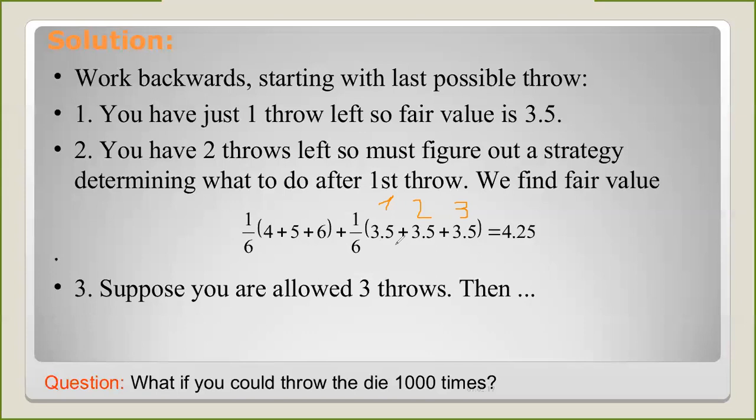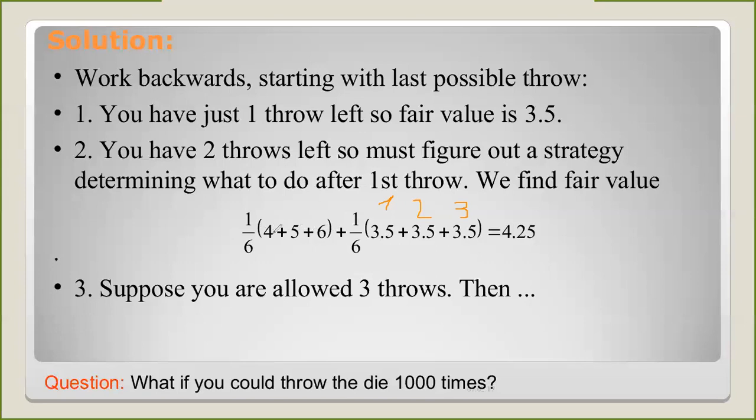But for the situations 4, 5, and 6 with their probabilities, we do not wait. So it is only this value. We can win only this value, 4, 5, or 6.